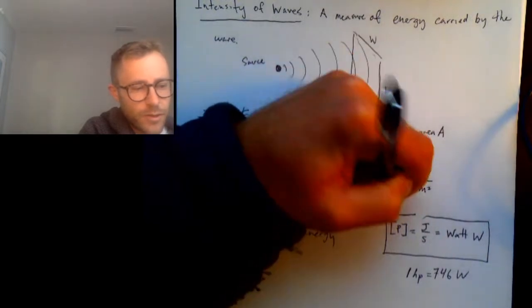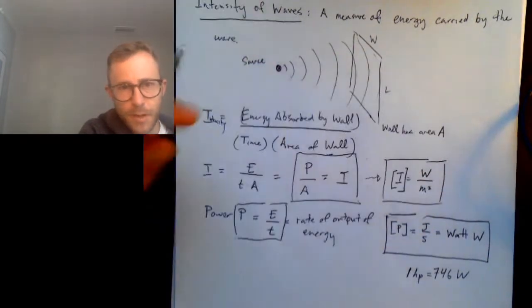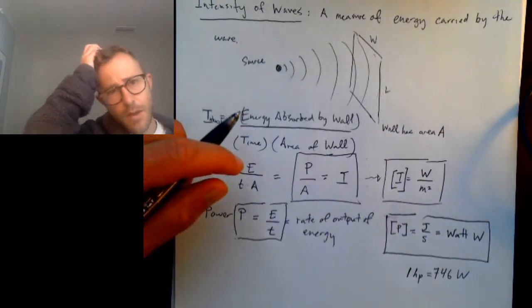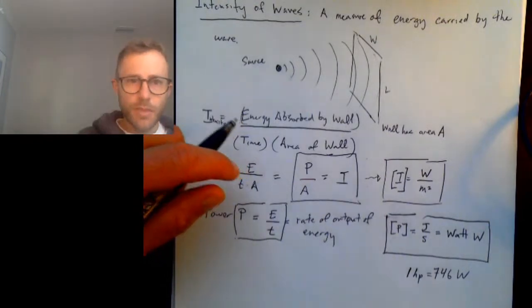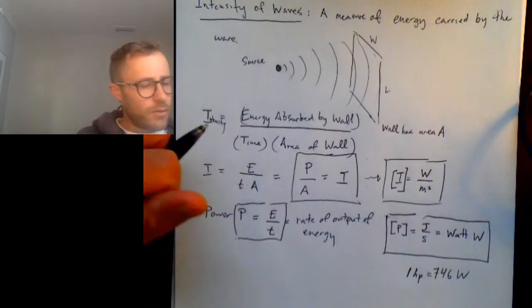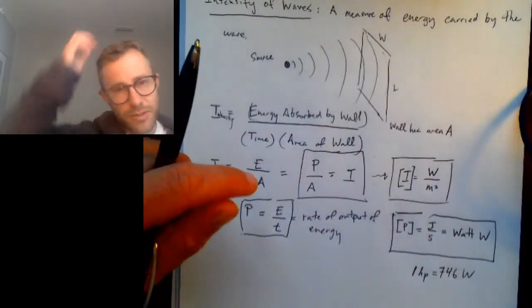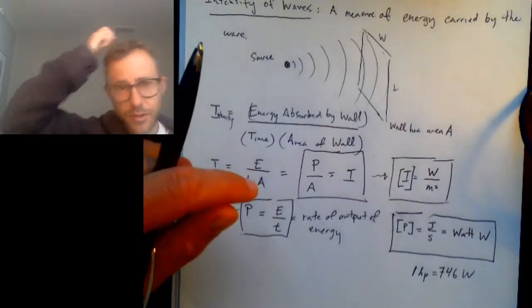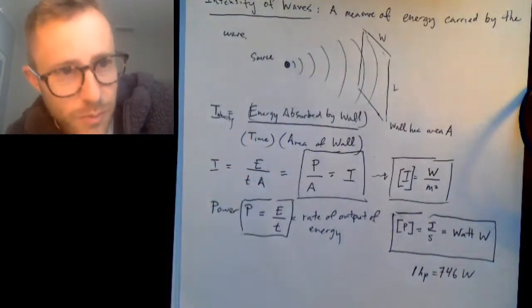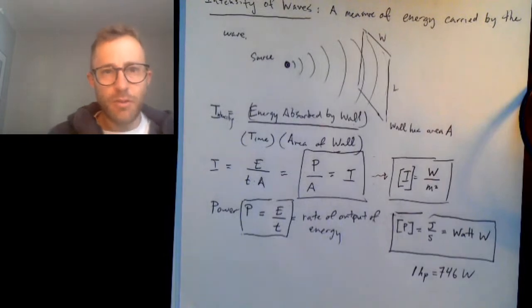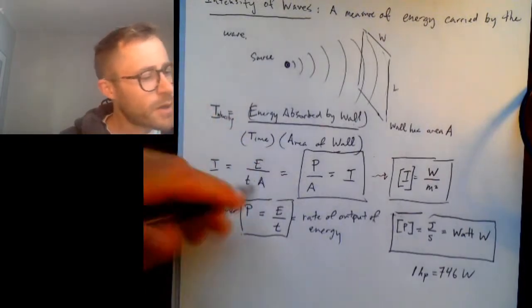So that is the unit of intensity. And there are many other units of intensity. For example, decibel is a unit of intensity. You might have heard of decibels before. That's a logarithmic unit of intensity.